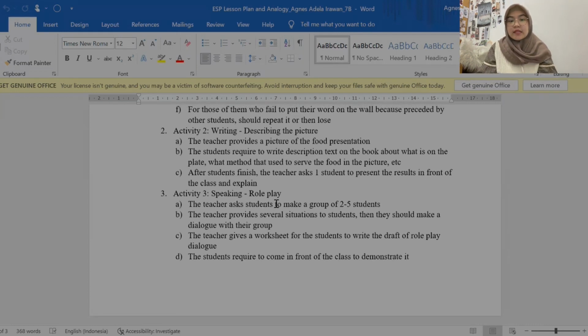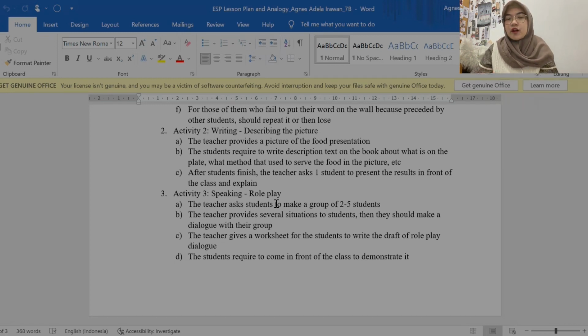And then the last, activity number 3, about speaking. We use a role play technique here. So first, the teacher asks students to make groups consisting of 2 to 5 students, and then the teacher provides several situations to students.